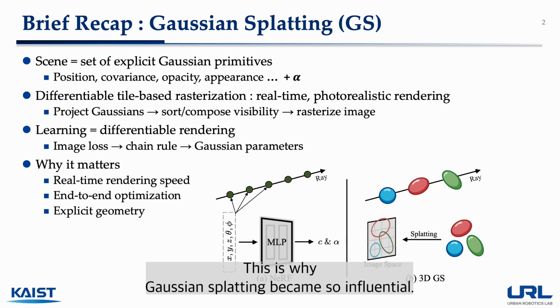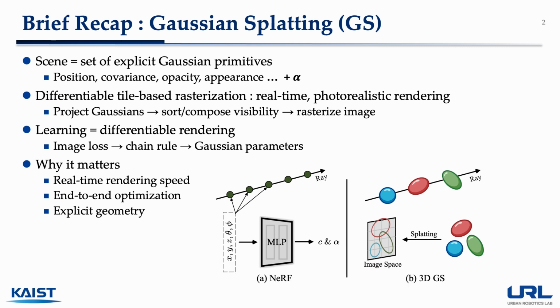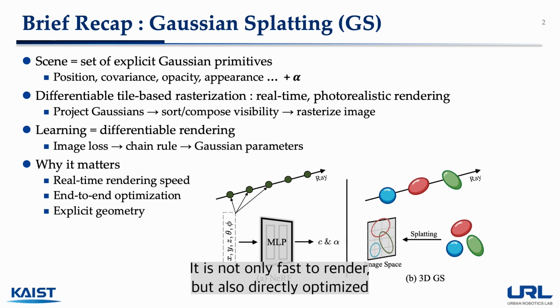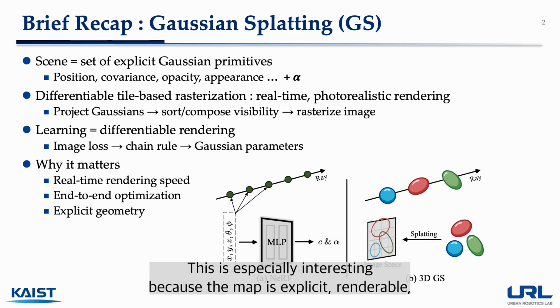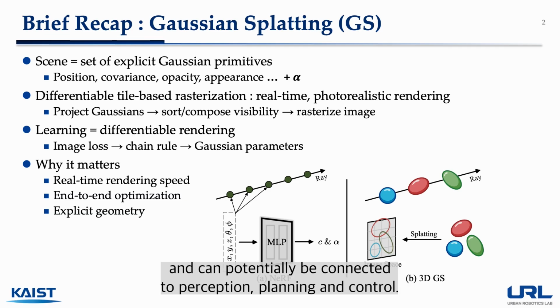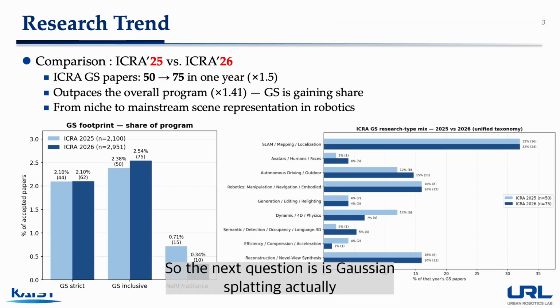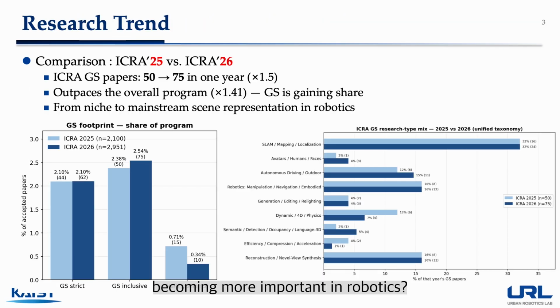This is why Gaussian splatting became so influential. It is not only fast to render, but also directly optimizable from image supervision. For robotics, this is especially interesting because the map is explicit, renderable, and can potentially be connected to perception, planning, and control.